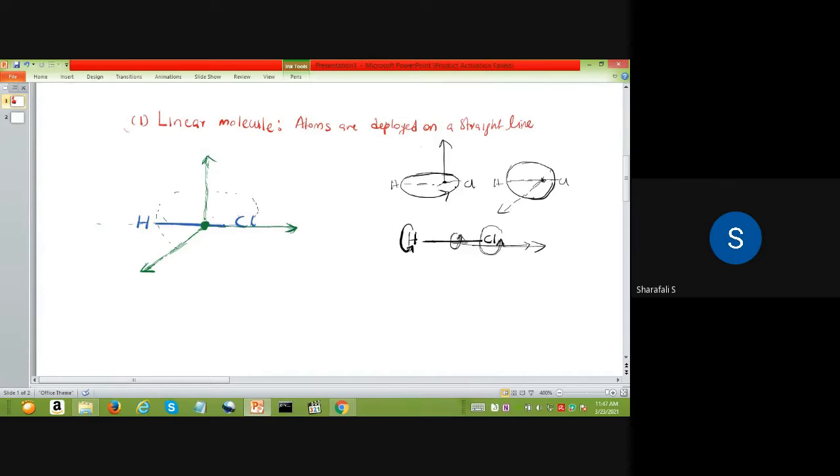I'm just representing that at each second it will be different, just to show how it is rotating. In the next moment this chlorine will come here, and in the next, the chlorine will be here.